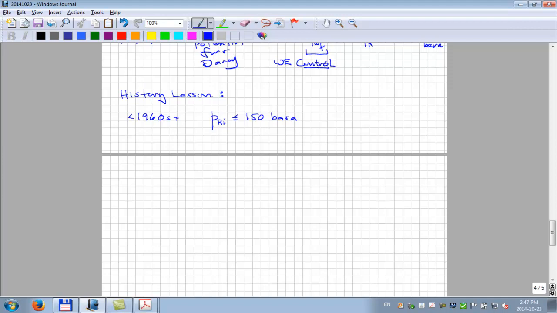is initially at 600 psi, which is, what? Help me. 50 bar, initial pressure. The initial pore volume is about the same as the Ghawar field in Saudi Arabia, or the North field in Qatar.